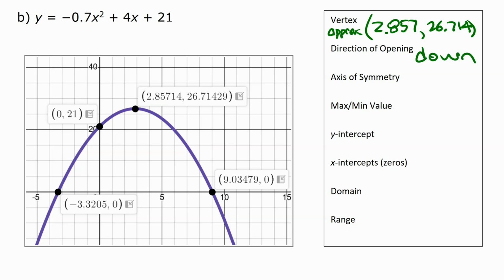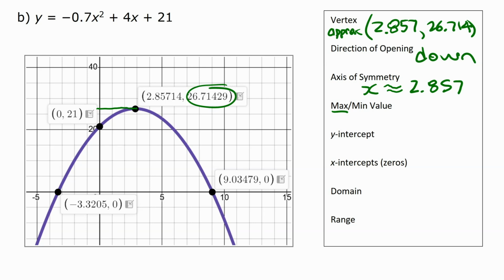Our axis of symmetry, this line right here, is related to that x coordinate there. So we're going to say that x is approximately, using the approximately equal to sign, 2.857. This thing has a maximum value because it opens down. So there's a top to the thing. The top is related to that maximum y value there.